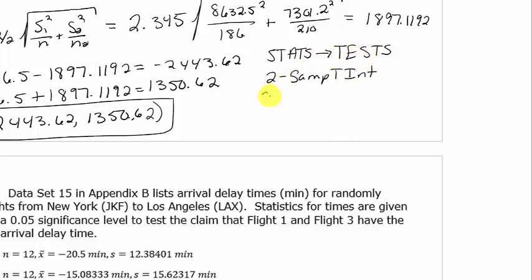You'll need to give it the following information: x bar 1, s1, n1, and then x bar 2, s2, and n2. You'll need to give it your C level. For pooled, you want to tell it no.